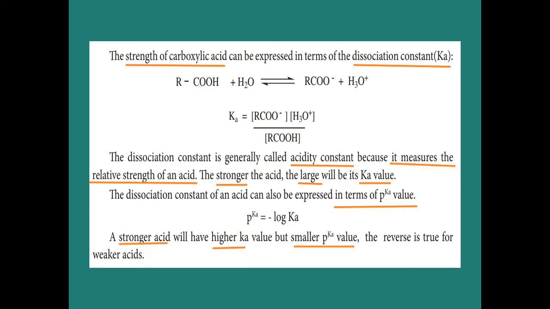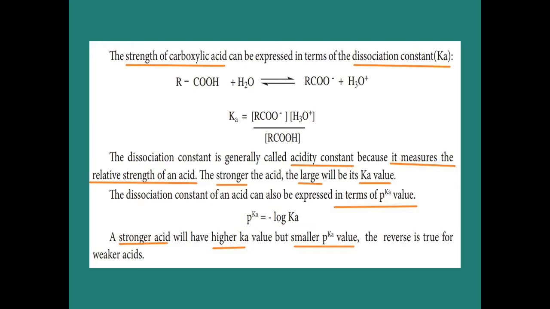For the Ka value, we write the numerator containing products and the denominator containing reactants. The reactants never include water because water is always in excess, so we can leave out the water concentration. Now Ka is equal to the concentration of RCOO minus times the concentration of hydronium ion divided by the concentration of acid. The water concentration is never included.